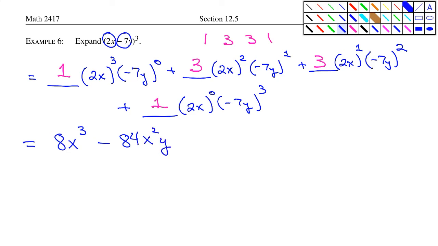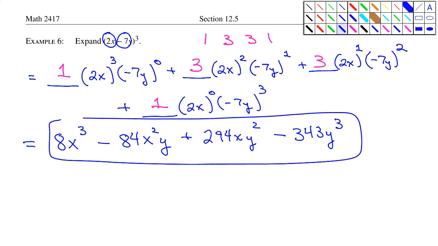Next, 3 times 2x to the first times negative 7y squared, that's going to be positive 294xy squared. And lastly, 1 times 2x to the 0 times negative 7y cubed. That's going to be negative 343y cubed. So you may have to do some arithmetic there, but still, it's much easier and less error prone than doing it the old way where you just expand and multiply.